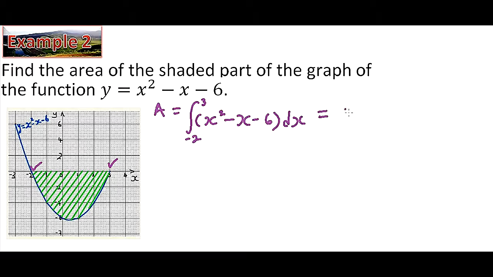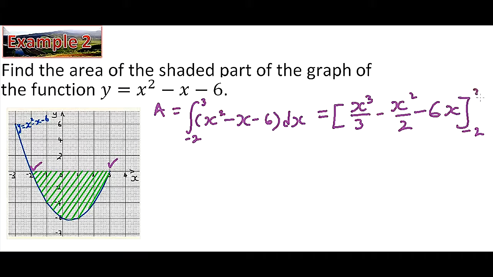So when you integrate this, you will be able to get, in brackets, x cubed divided by 3 minus x squared divided by 2, and then we have minus 6x, and our limits are from minus 2 to 3. So we substitute the value of 3 in place of x.